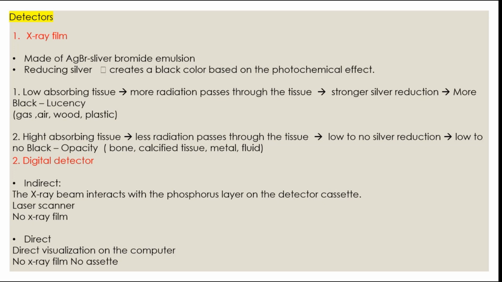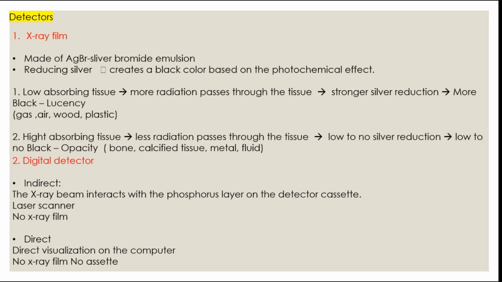When the silver bromide is exposed to X-ray, the bromide ions release an electron and become bromine, and the electrons get attracted to the silver crystal. More and more electrons get attracted to the silver ions and attach to the silver crystal to form a silver atom.